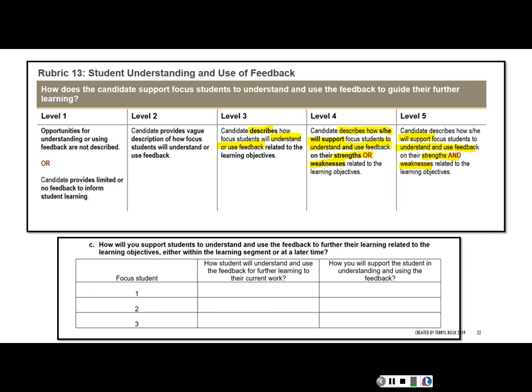Nope, wait a minute. How they're going to understand feedback, how they're going to use feedback, how they're going to understand feedback in relation to strengths, how they're going to understand feedback in relation to needs, how they're going to use it in relation to strengths, and how they're going to use it in relation to needs.